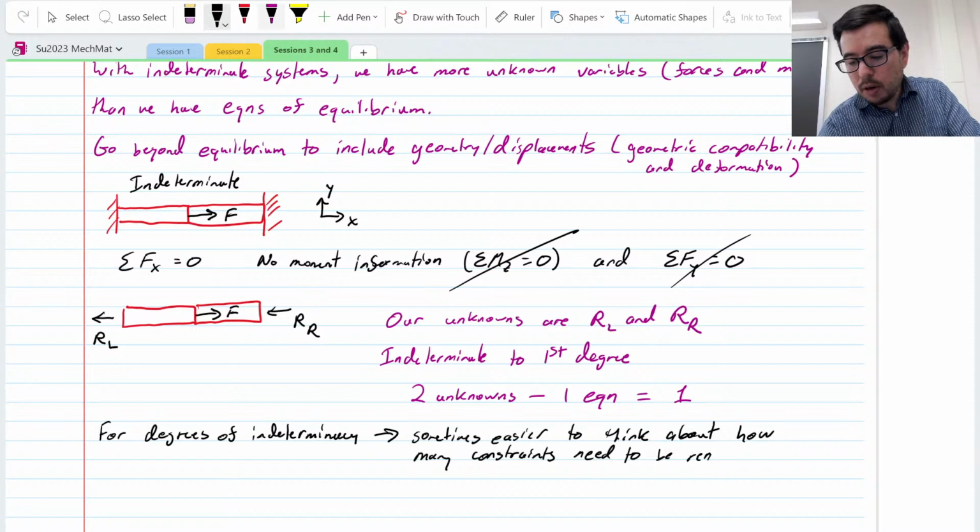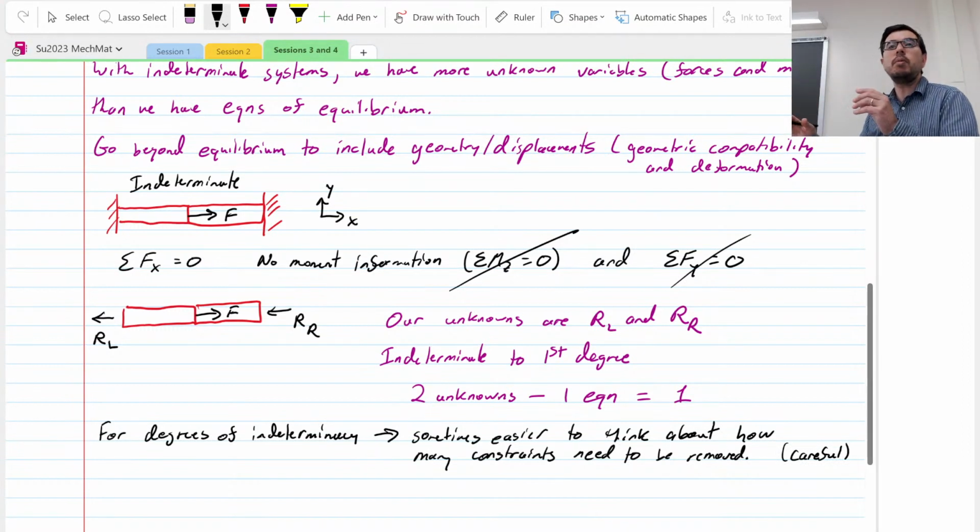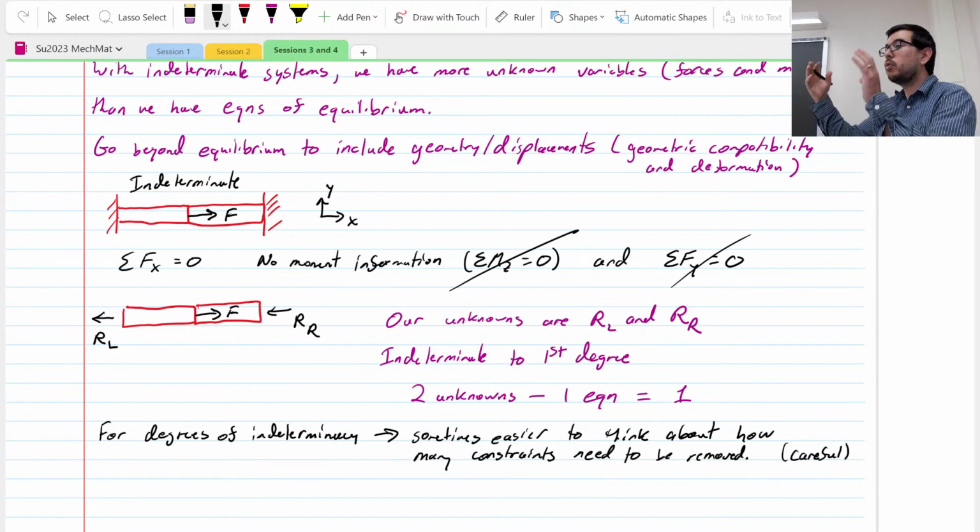Now, you have to be careful with this. Sometimes if you remove a constraint, like for a beam bending problem, that constraint is actually a constraint on a force and a moment. If you have a wall with a cantilever beam, that's actually 2 constraints, force and moment, even though it's 1 physical structure.